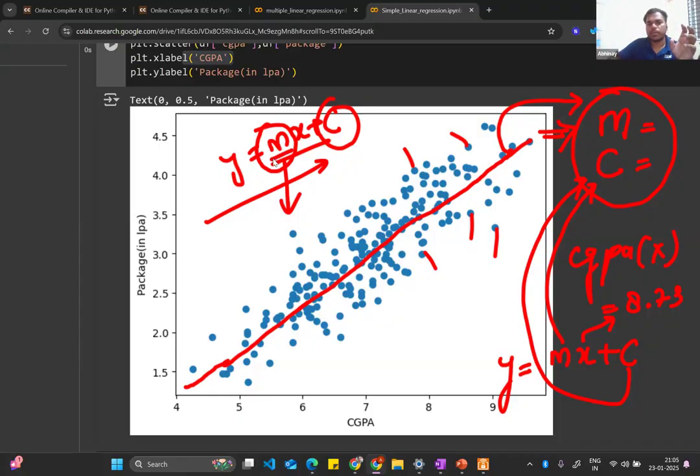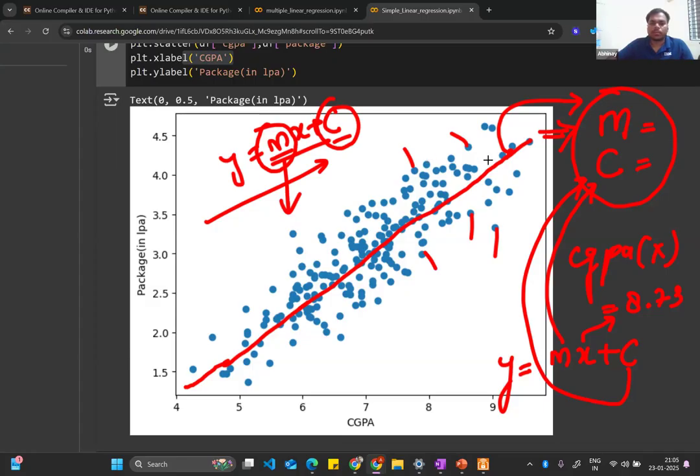We will find out the value of m and c. These two values will basically try to satisfy all the points present in your data set. So this is the important concept of what we are trying to do in a mathematical way.